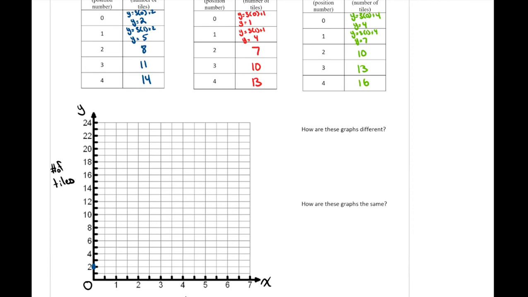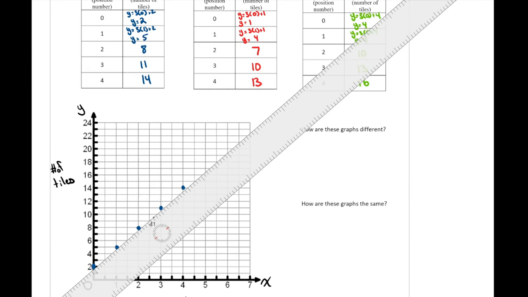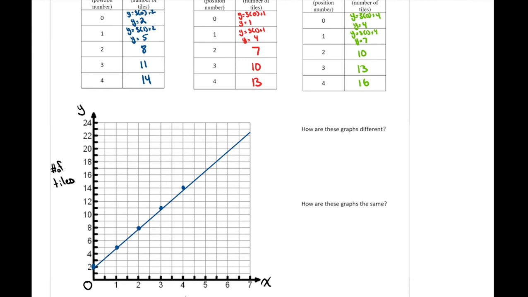And then at position 1, we're at 5. 2 is 8. 3 is 11. 4 is 14. Again, we should be seeing that it forms a straight line. That can help us figure out that we do have the right points. So there is our first rule, graphed.